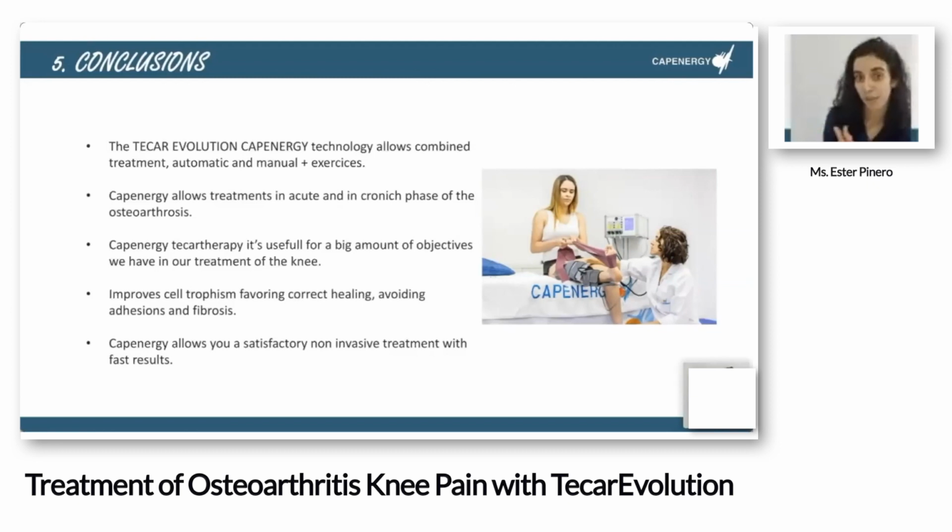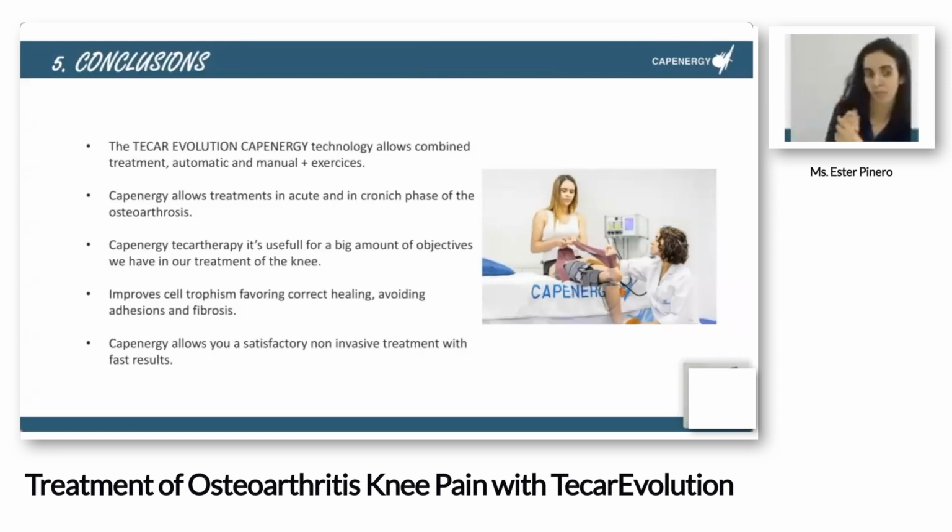This is very important, because if you don't use a joint, well, a part of the body, you will have less quality of life in the movement of all these parts. Then you can create adherence and have fibrosis. Then TECAR therapy is useful for this also. If you have a chronic pathology that makes fibrosis and adherence, you can treat also with TECAR therapy, because we will have a good evolution of this fibrosis.